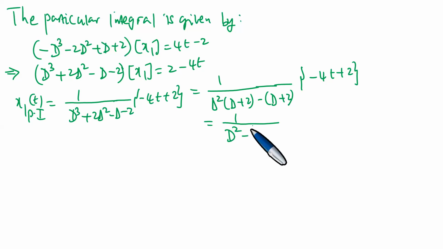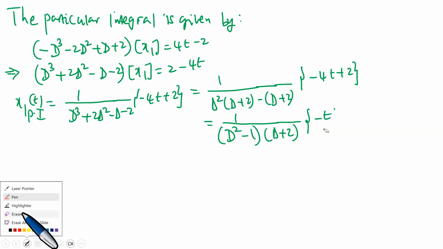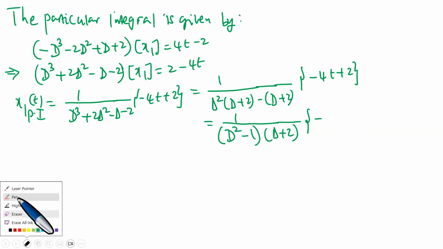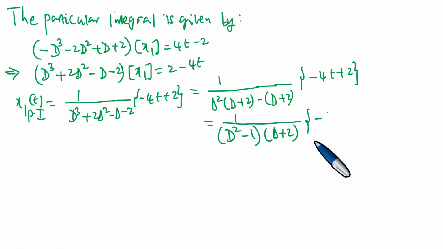So you have this one here. So we have this. Difference of two squares for the d squared minus 1.